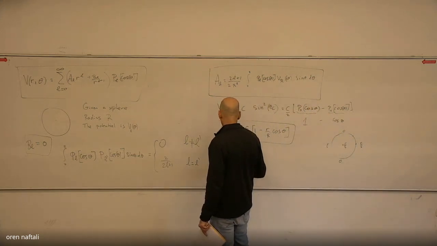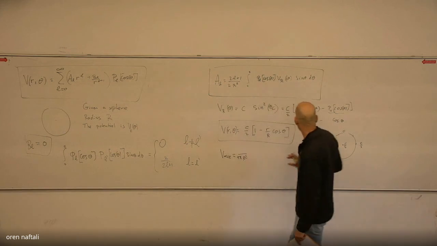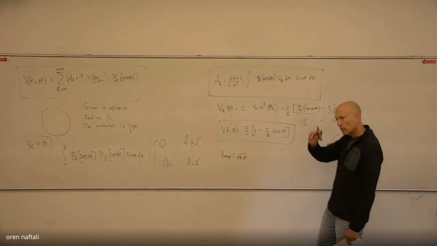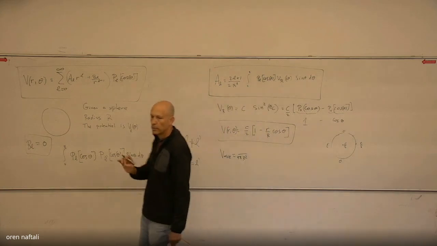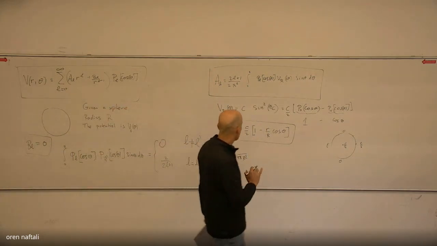The V average is over 4 pi r squared, this is the size. So what am I doing here? We have a real physical boundary, but I'm putting on it another boundary, which is a theoretical boundary, and I'm averaging over that boundary.